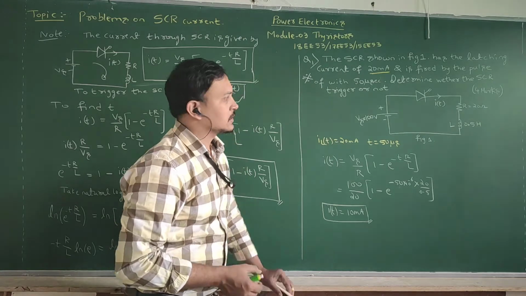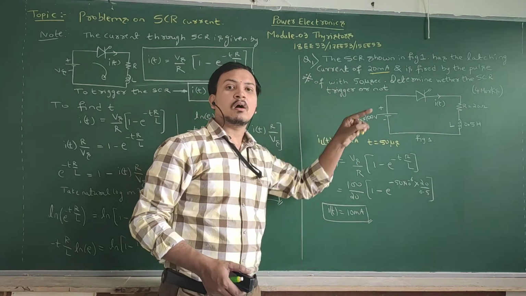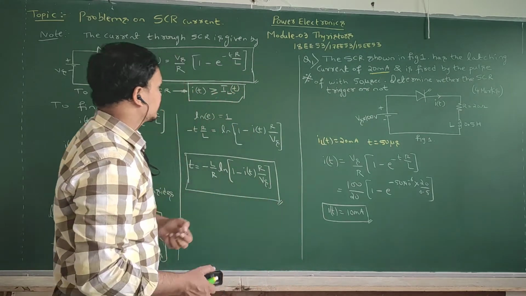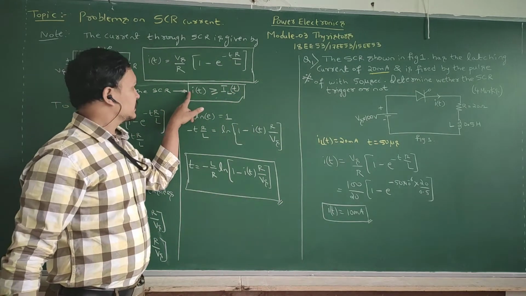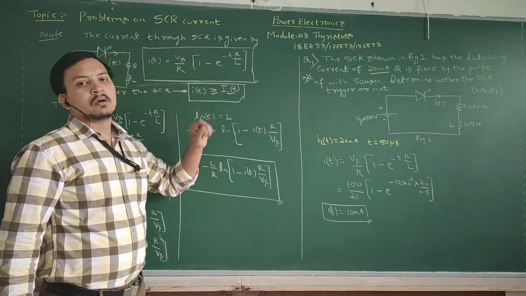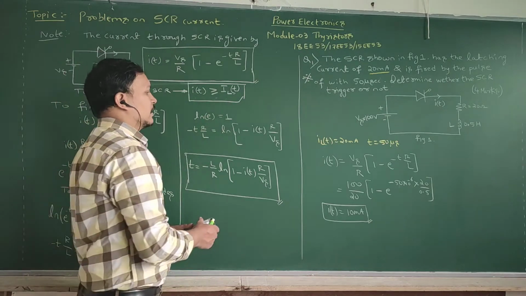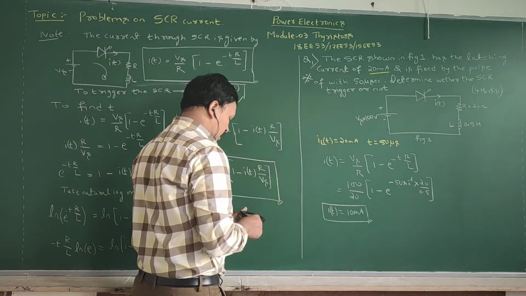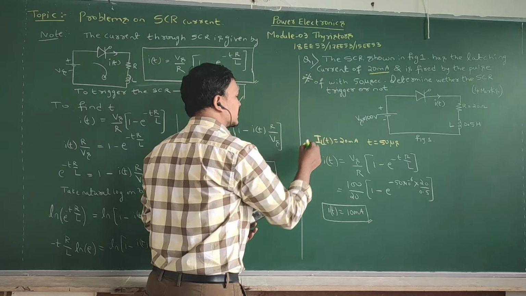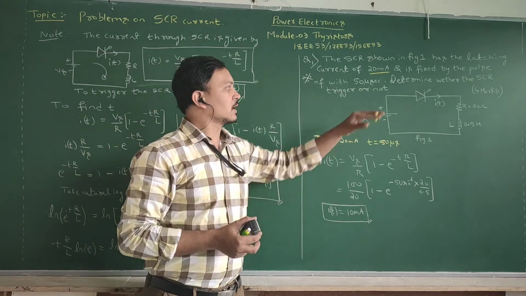What did the question ask? Determine whether the SCR triggers or not. To trigger the SCR, the condition is I of t greater than or equal to IL, the latching current. The latching current given in the problem is 20 milliampere, so 20 milliampere is required to turn on the SCR.